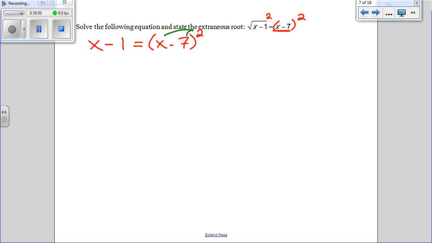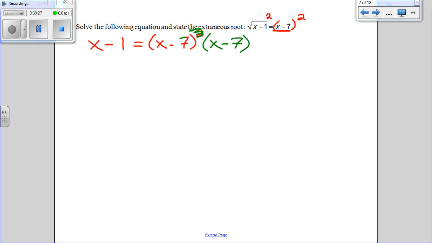The reason you don't bring a squared in is something squared means you have 2 of that thing. That's where you scratch out the squared and write the binomial again. That means you have to do an area diagram, which is going to give you an extra term. If you just brought the squared in, you would be missing that middle term.